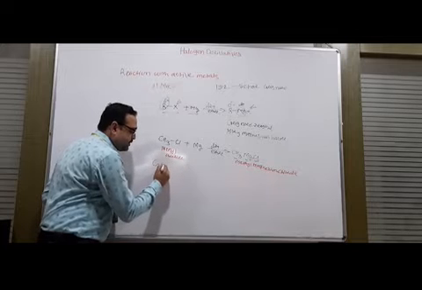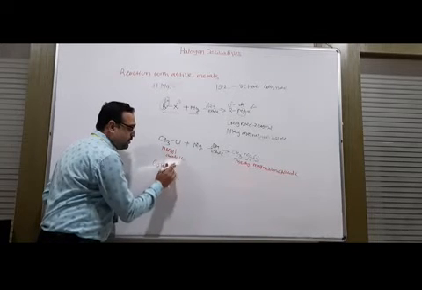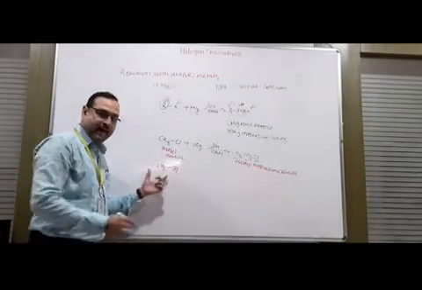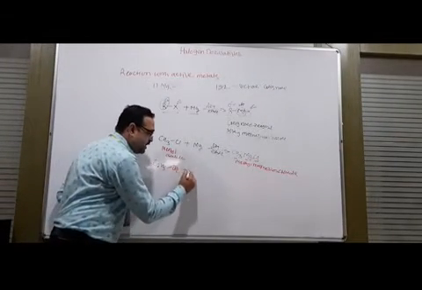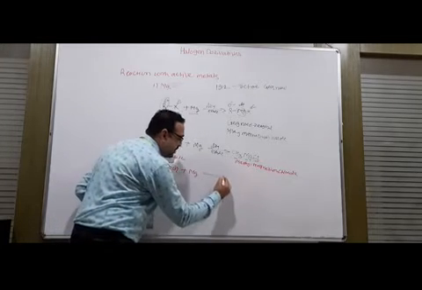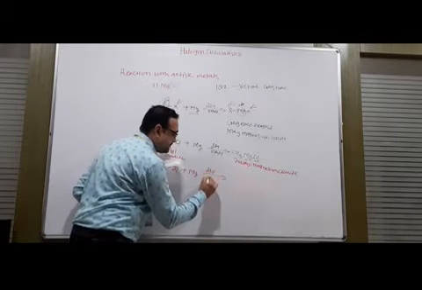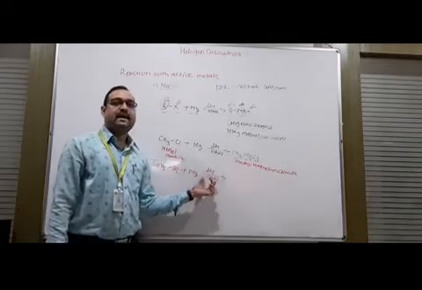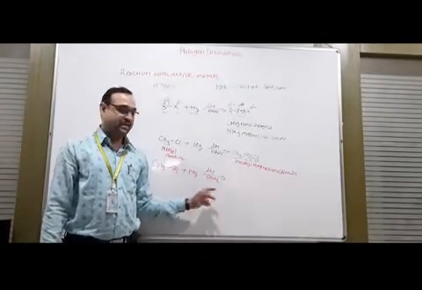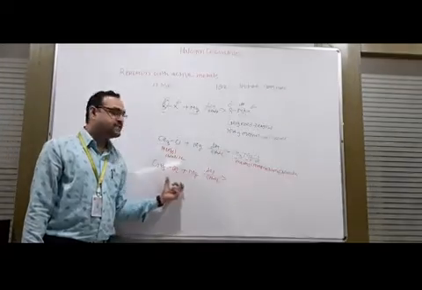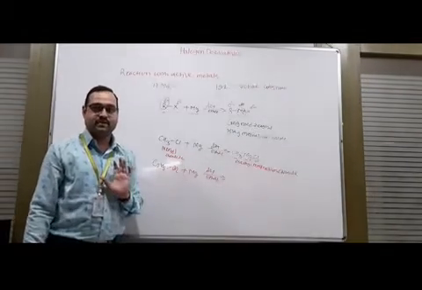When C2H5Br, that is ethyl bromide, reacts with magnesium in presence of dry ether. Dry ether acts as a catalyst here. It dissolves the organic compound and favors the reaction towards product.